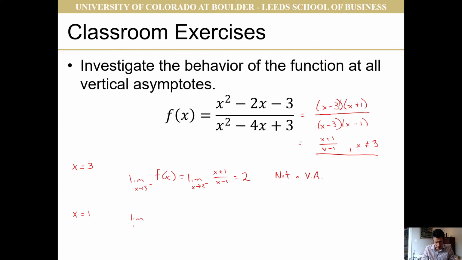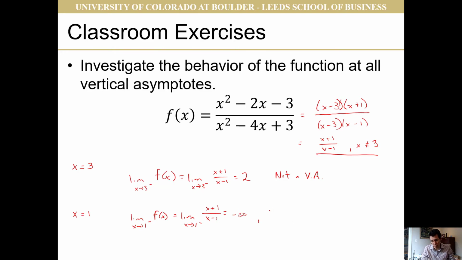The limit as x goes to 1 from the left of f of x is equal to the limit as x goes to 1 from the left of (x plus 1) divided by (x minus 1), and the numerator is finite, just 2, not 0. The denominator is getting closer and closer to 0. Again, it's negative, so this is negative infinity.